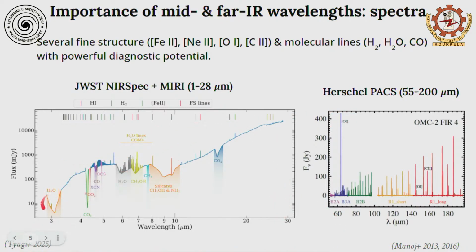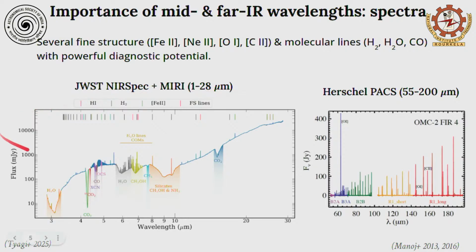The broad features that you see are ice absorption features: water ice, CO2 ice, CO ice. These are the silicate absorption features. Since we are observing the protostar, the light from the protostar passes through the protostellar envelope before it reaches us, and the dust in the envelope absorbs in the silicate and forms the silicate absorption band. And then at 15 micron there is another CO2 ice band.